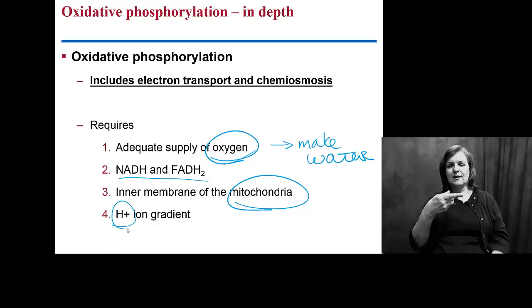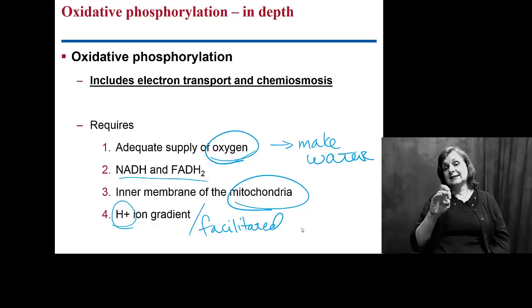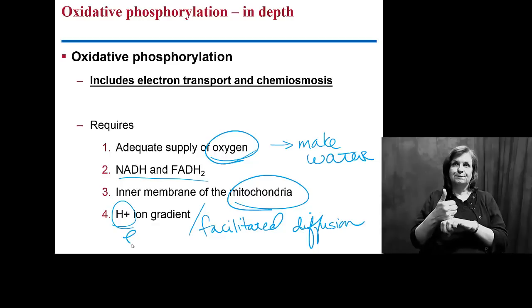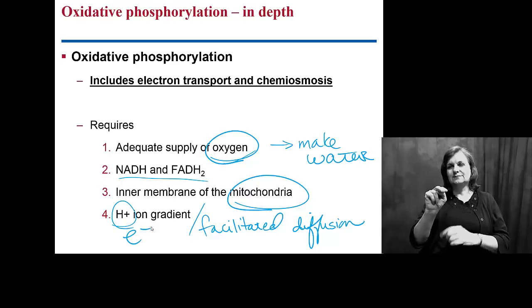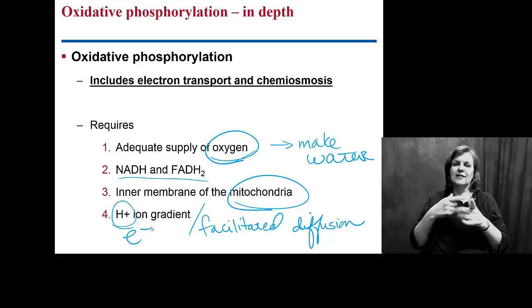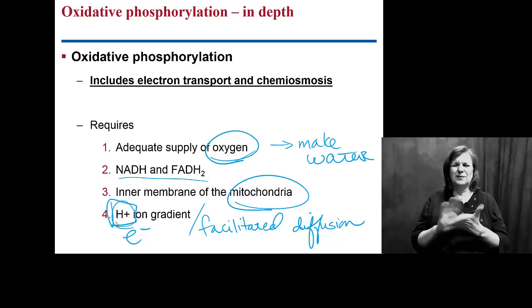And then we need to set up this gradient. I told you we were going to work on this by facilitated diffusion. We were going to set up a proton gradient with our electron transport chain so that we can pump out hydrogens. Let me show you. This gets complex without pictures, so let me just show you.